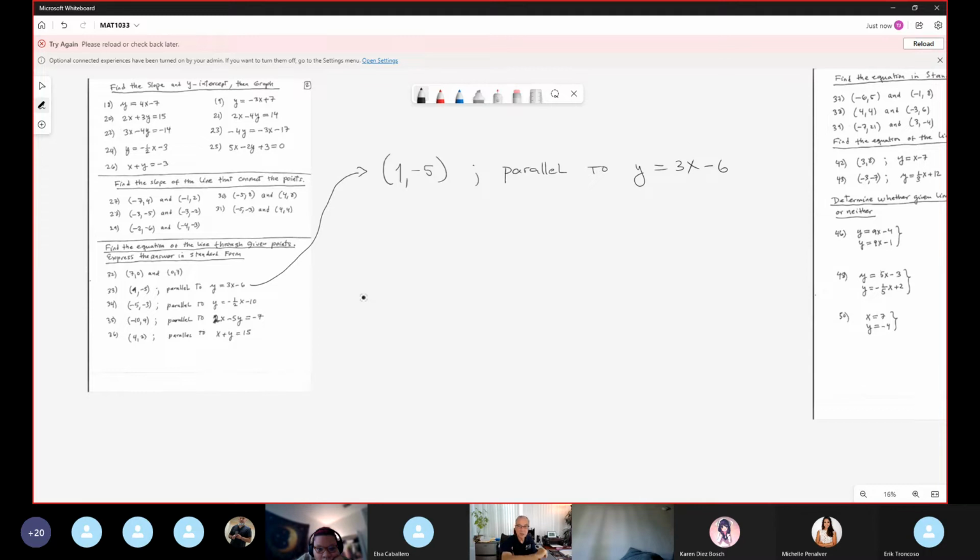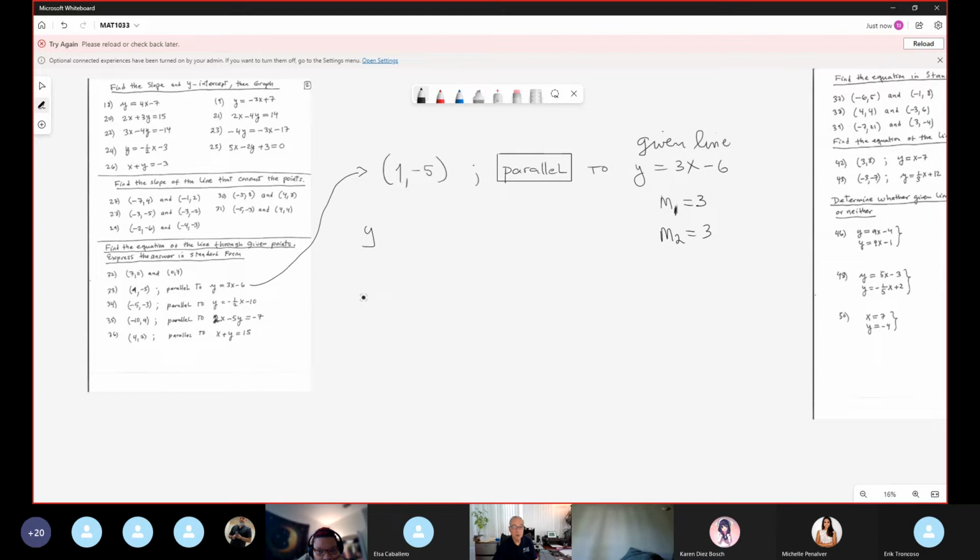Wow, easy. Why is it easy? Because the given line is expressed in slope-intercept form. Therefore, immediately I recognize that the slope is 3. And this is slope 1, the subscript 1 indicates the slope of the given line. And the slope of the new line that you need to find is the same, because this word indicates it's parallel.